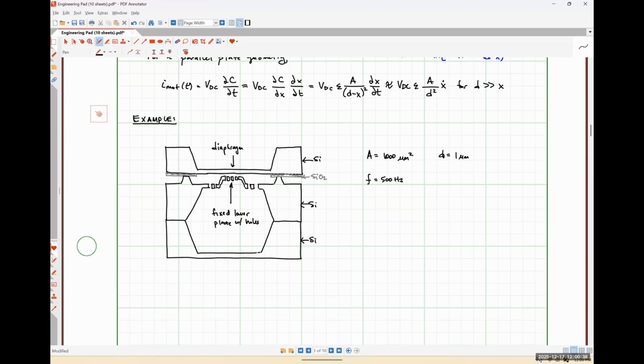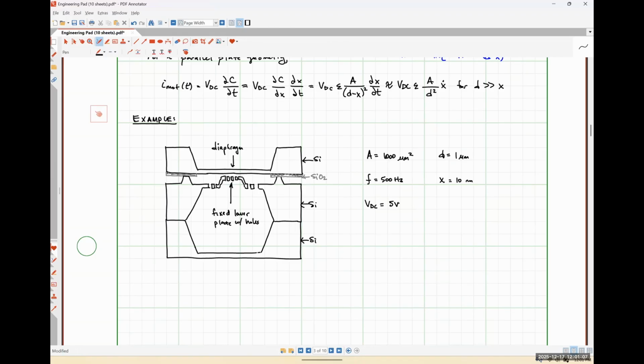Okay. So 500 hertz. And let's say that our diaphragm displacement is going to be 10 nanometers. And what I want us to figure out is the motional current through the capacitor if our DC bias voltage for this system is 5 volts.